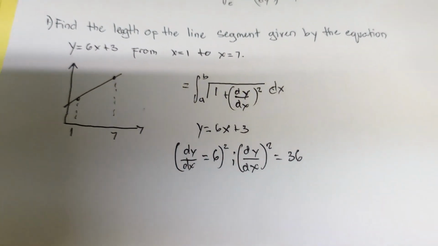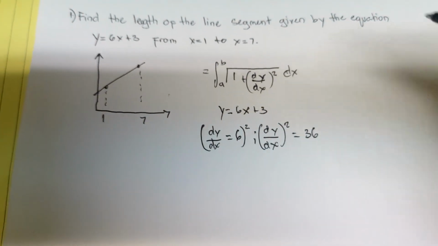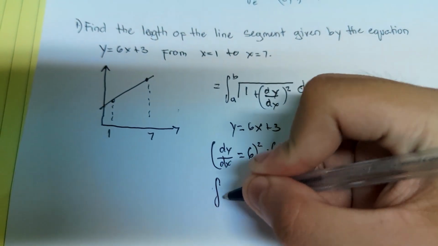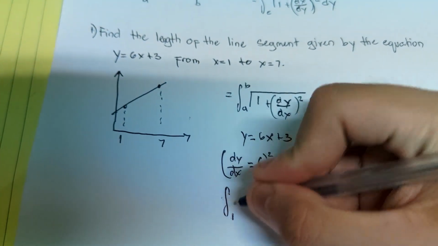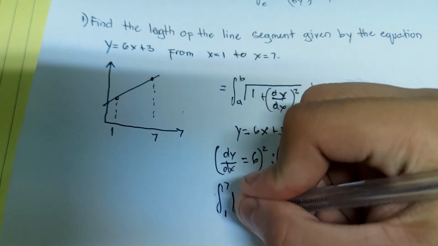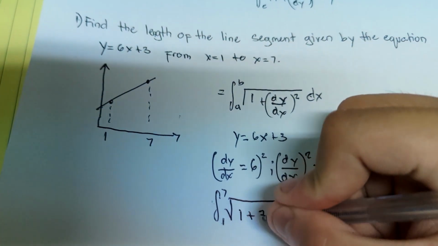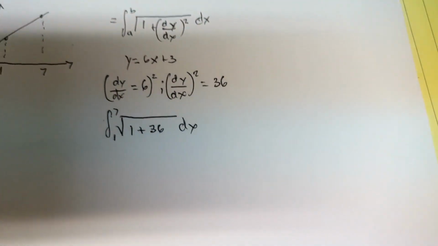As you can see, we can now substitute our variables into the formula. So the integral from a to b, which is 1 to 7, is the square root of 1 plus 36 dx. Now we can evaluate this.